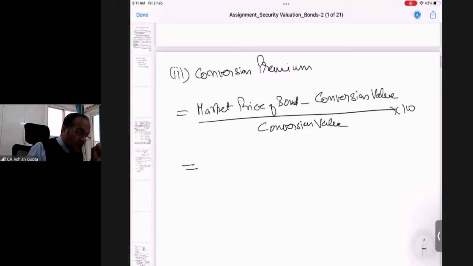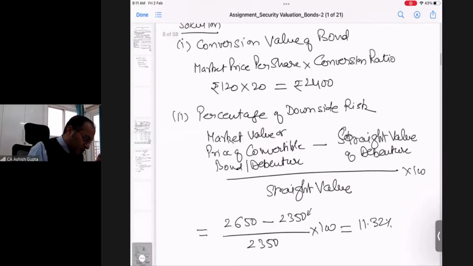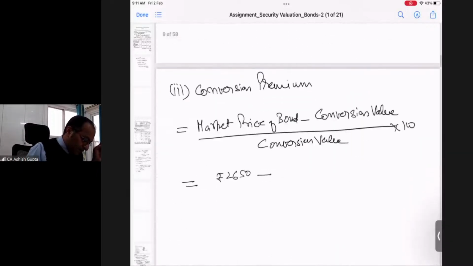I am buying the bond from the market, so I am paying a price of 2650. If I get it converted, the value of this debenture from the equity shareholder's point of view is 2400. So it means I am paying a premium of 250.